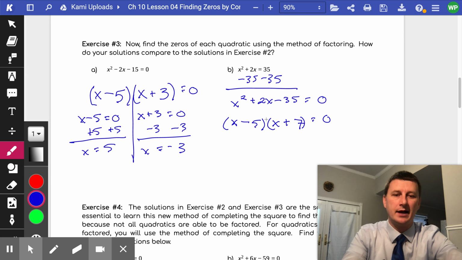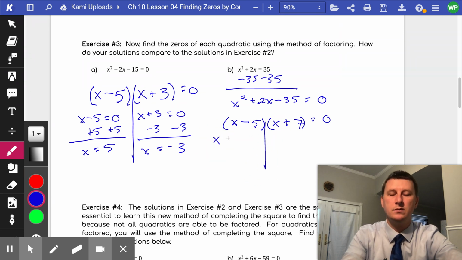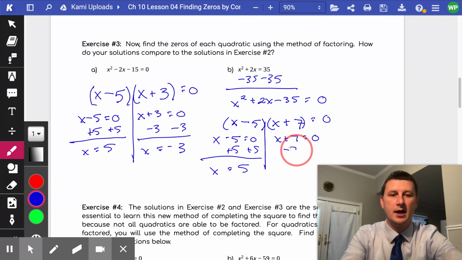Now that I have my factored quadratic, I want to set each factor equal to 0. So I have x minus 5 equals 0, and I have x plus 7 is equal to 0. Solving the left side, I'm going to add 5 to both sides, and I'll have x equals 5 as one solution, and I'll subtract 7 from both sides on the right, and I'll have x equal to negative 7.